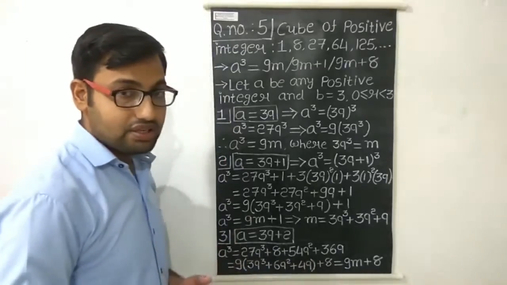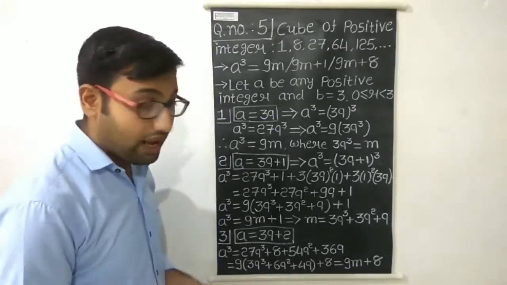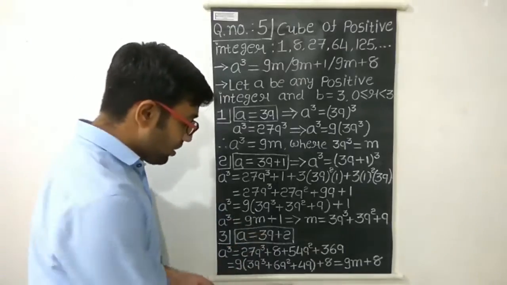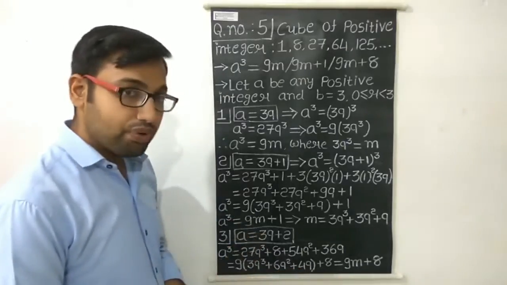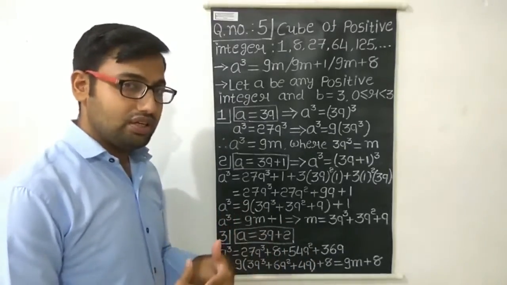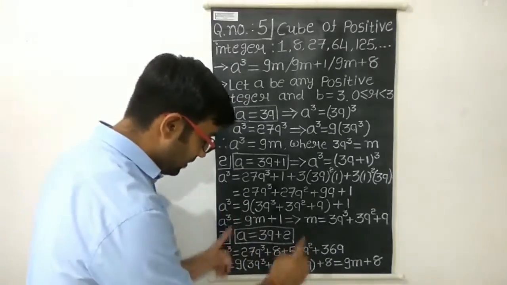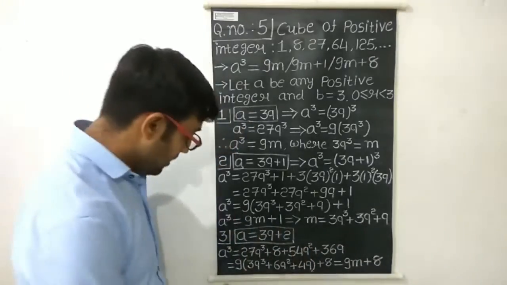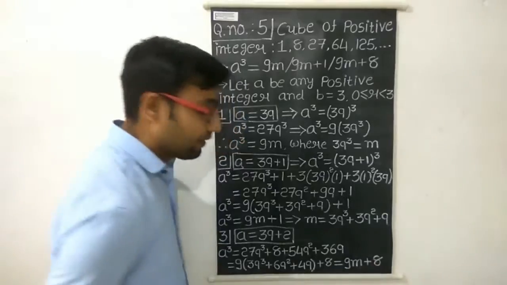This bracket represents any positive integer. Why? Because q is some kind of positive integer. So if we put any positive integer value instead of q, the total bracket will give us an integer only. So instead of this bracket we can simply put m. So this becomes 9m plus 8.